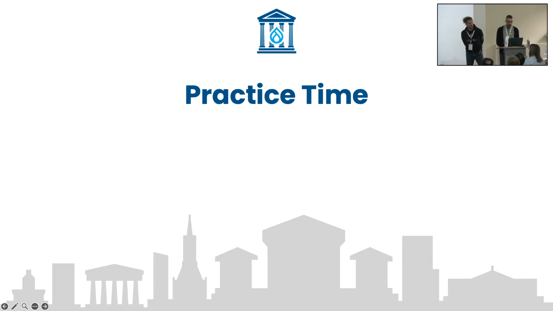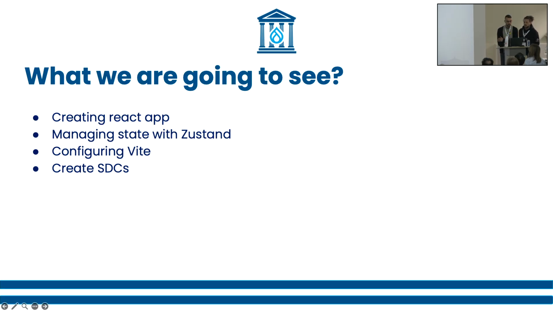Thanks. Okay. Now we are going to see the practical implementation of React inside the Drupal single directory components. In the next slides, we are covering the full setup of a modern React application. We start by creating the project and introducing Zustand to manage shared states across the components without prop drilling or providers.